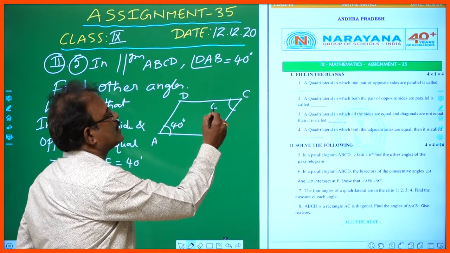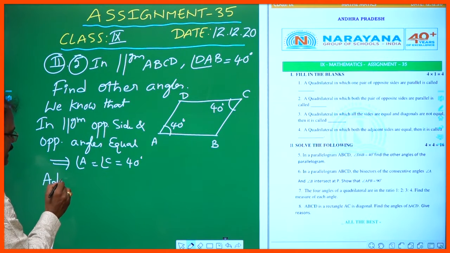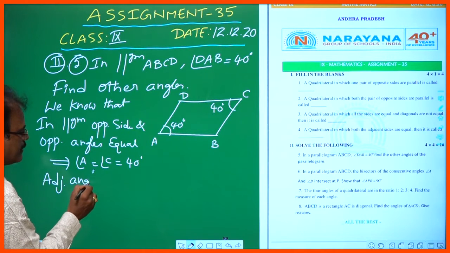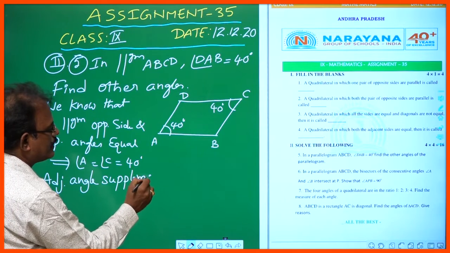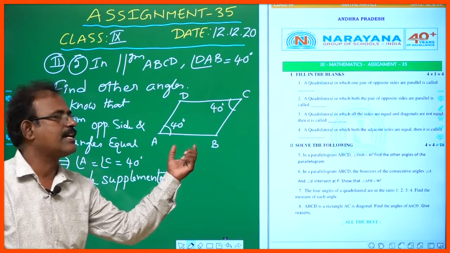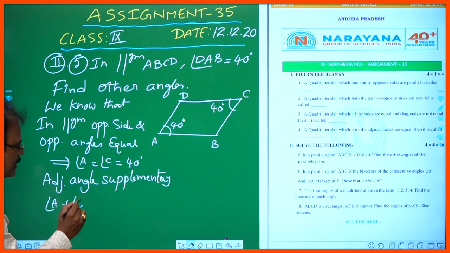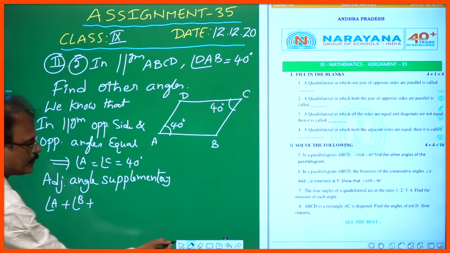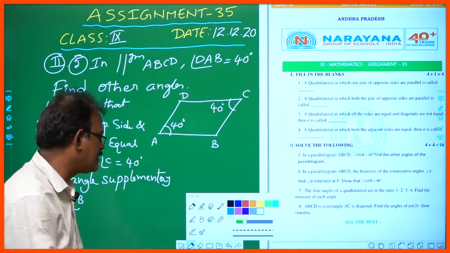It is 40 degrees. Also we know that adjacent angles are supplementary. That means the sum of any two adjacent angles becomes 180 degrees.